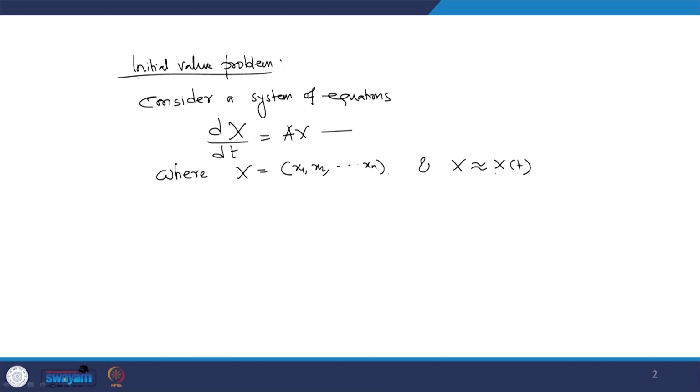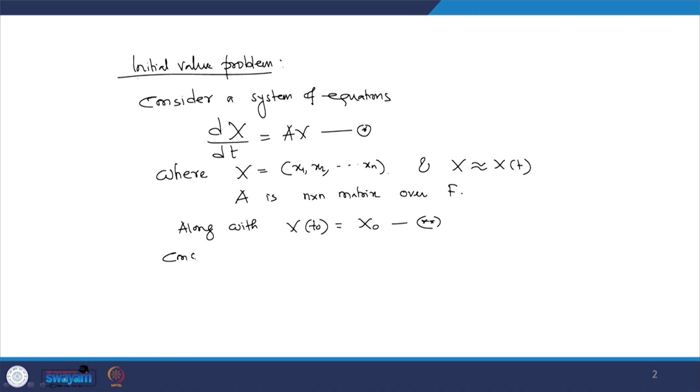I mean, each xi is a function of t. Capital A is an n cross n matrix over the field capital F, along with X at t naught equal to X naught. The star and double star together give an initial value problem.